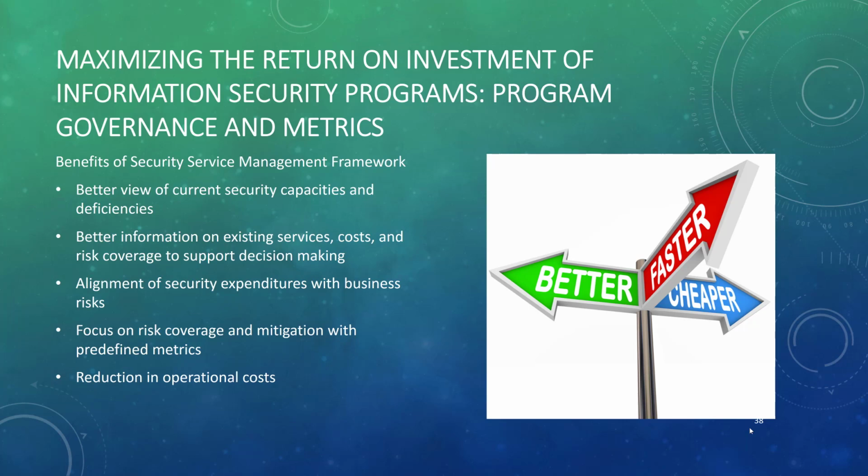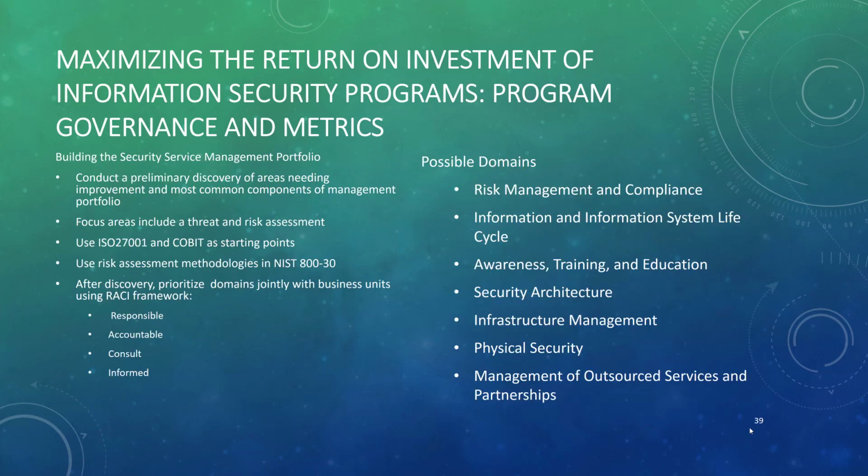It then goes on to talk about the benefits of having a management framework, and you can see the benefits here. It's the ability to align those security expenditures with business risks, have better information, better coverage, make sure you're not missing something. And by using work that's already been done, it should be better, cheaper, and faster.